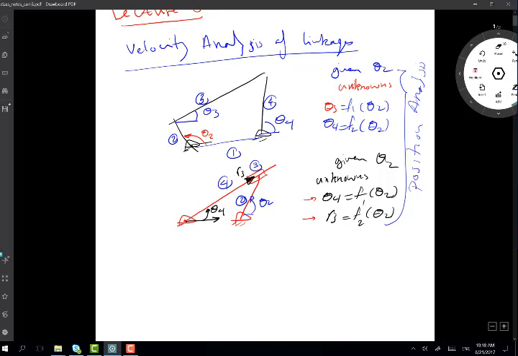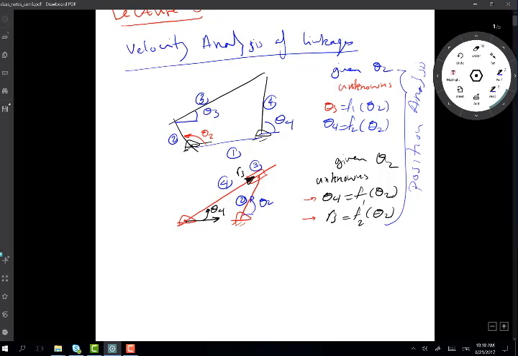So I'll try to find the derivative of theta 3, which is omega 3. I try to find the derivative of theta 4, which is omega 4, and the derivative of R3, right? This derivative of R3, we refer to as the sliding velocity.